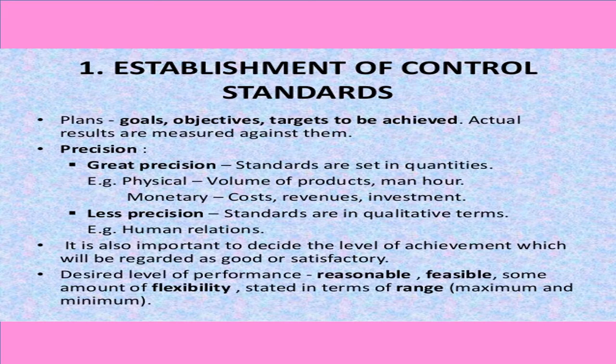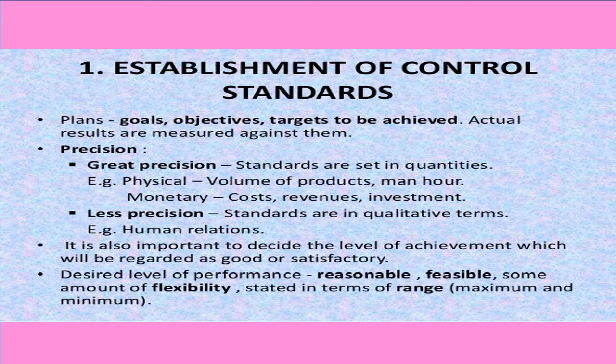Remember, it can be set in both quantitative as well as qualitative terms. Now, I gave you the quantitative example. In terms of qualitative, it would be improving the goodwill, improving the quality standards against which the performance measurement would be done.